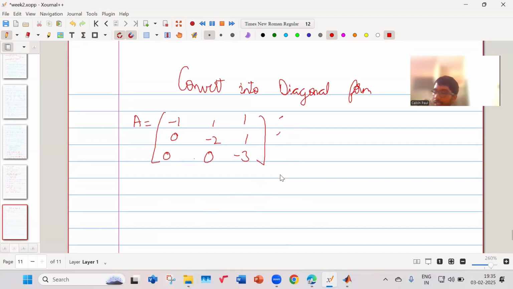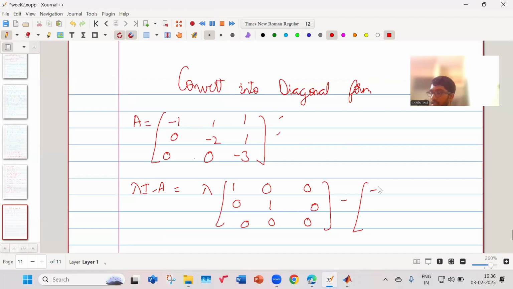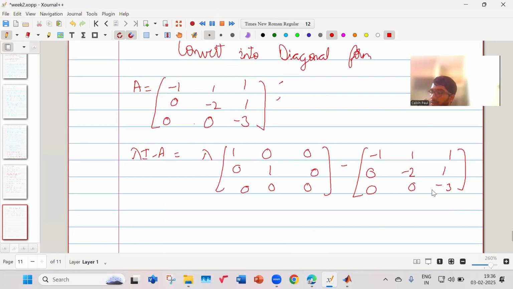So eigenvalues are found by doing lambda I minus A. So what is this? Lambda times the identity matrix, 1, 0, 0, 0, 1, 0, 0, 0, 1, minus A, that is minus 1, 1, 1, 0, minus 2, 1, 0, 0, minus 3, right?